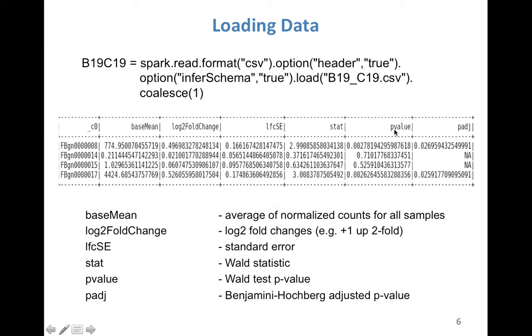Stat and the p-value are the raw statistics we use to calculate significance. However, since we have over 13,000 genes, a p-value of 0.05 will give us too many false positives. To account for that, we use the Benjamini-Hochberg adjusted p-value for comparison.